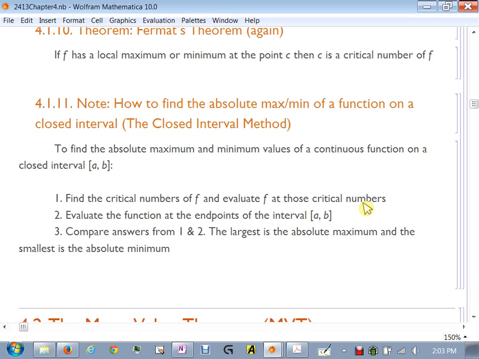After we're done with this, on another class period, we're going to do an open interval method. In the open interval method, you plug the points into the derivative, and they're test points, and people confuse the two methods. So in the closed interval method, your critical numbers go into your original function.